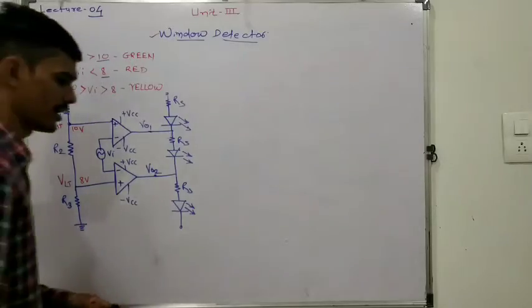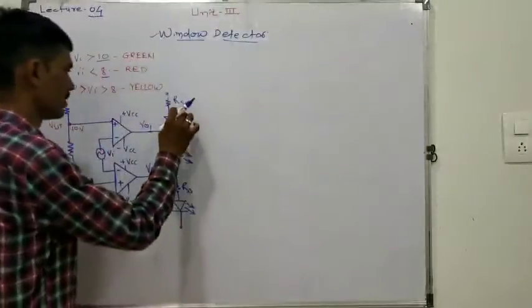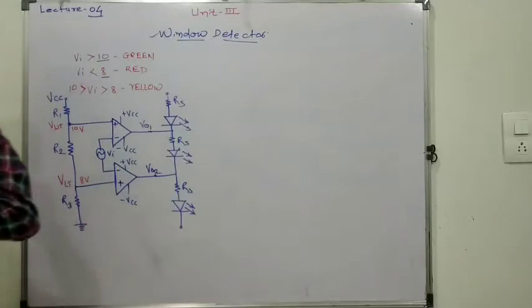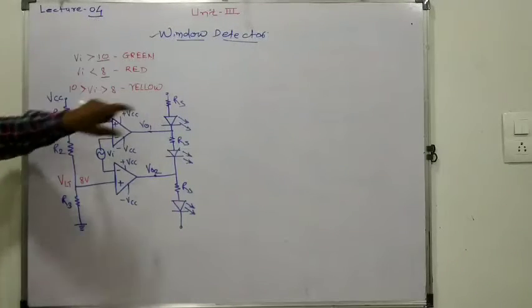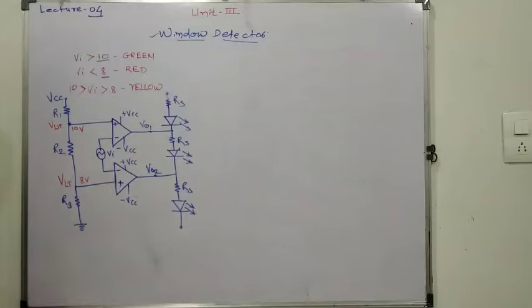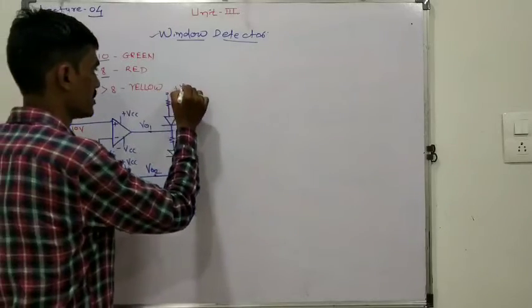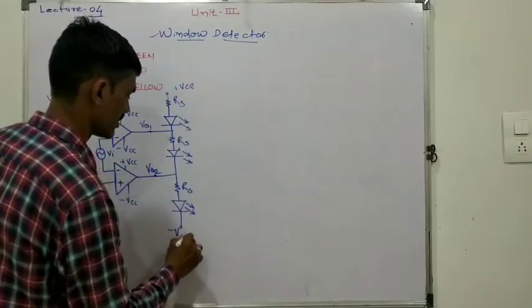Now let us see how these LEDs will glow accordingly, which LED is green, which LED is red, and which LED is yellow, and how this is to be decided. For that, let us assume that this is plus VCC and this is minus VCC as in the previous case.